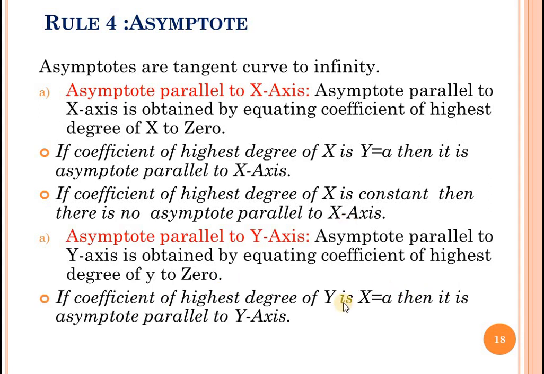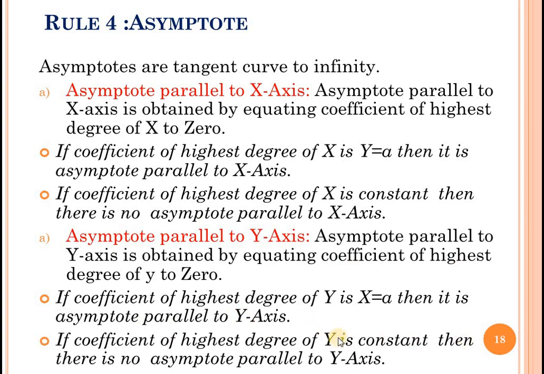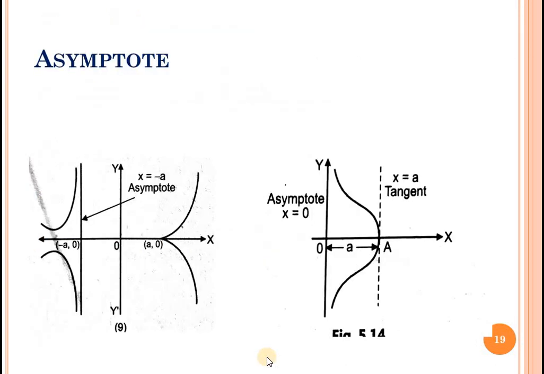So if we get the coefficient of the highest degree of y as x equal to a, a term of this type, then the line x equal to a is the asymptote parallel to the y-axis. But if the coefficient of the highest degree of y is a constant term, which is not 0, it has no meaning, so there is no asymptote parallel to the y-axis. So here we observe for this curve an asymptote parallel to the y-axis. These are two examples.